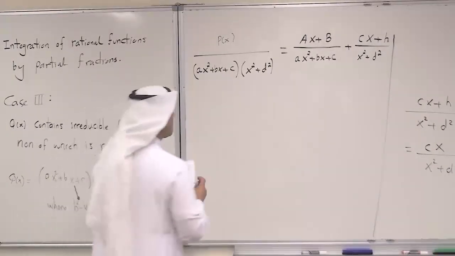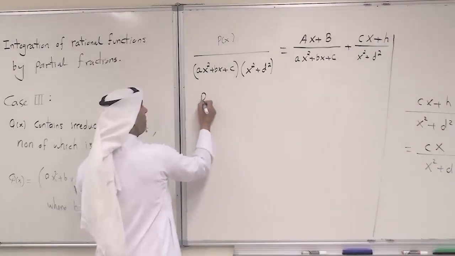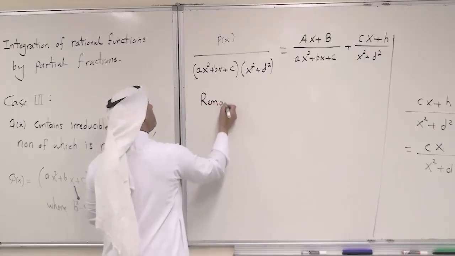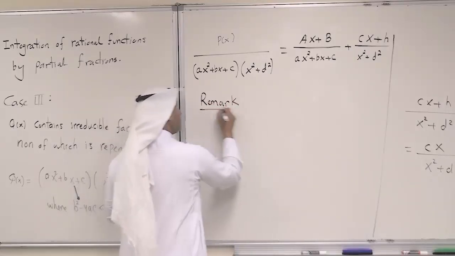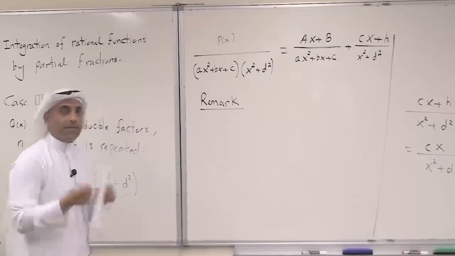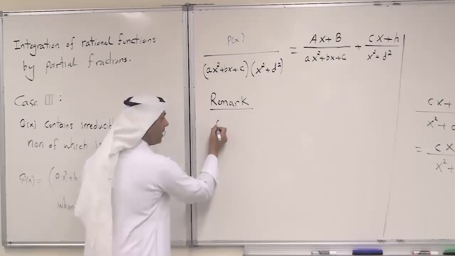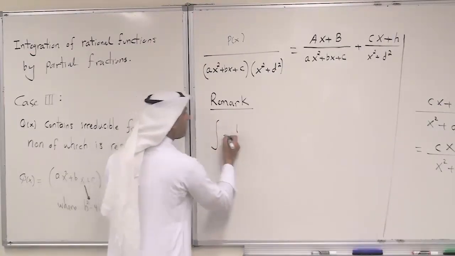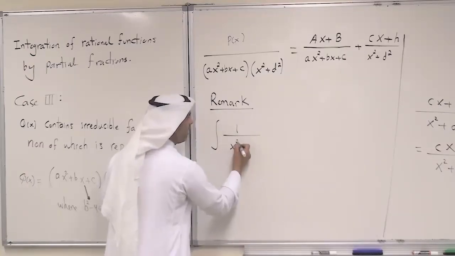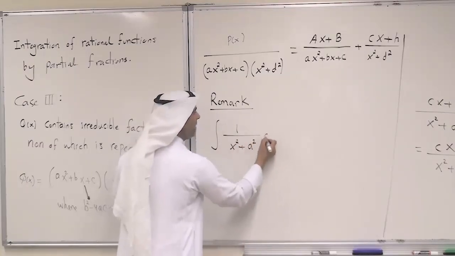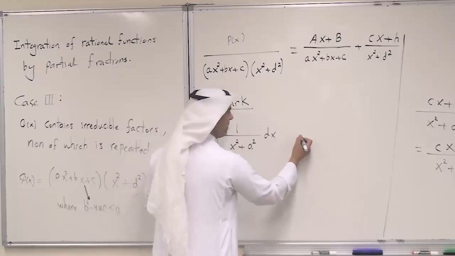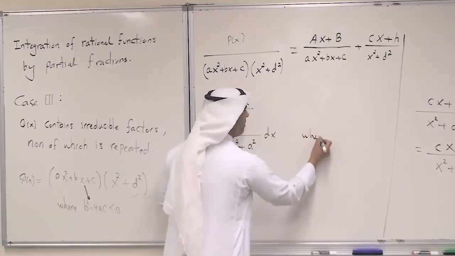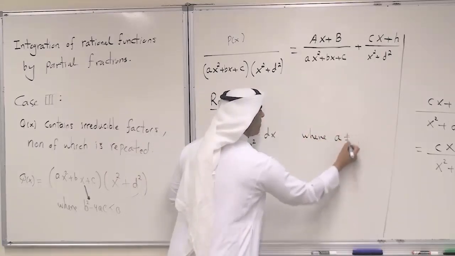So I will start first by this remark. I will prove it. And then we can use it whenever we have the case like this. What is the remark? It says if you need to integrate 1 over x squared plus a squared dx where we have a is not equal to 0.